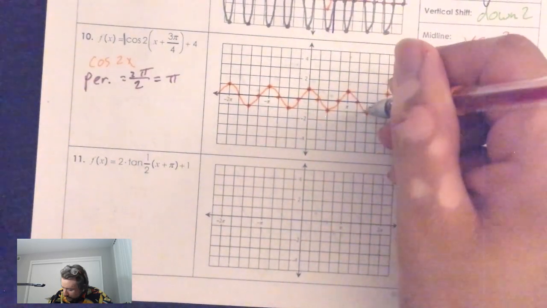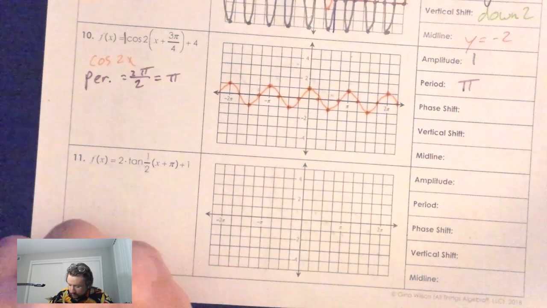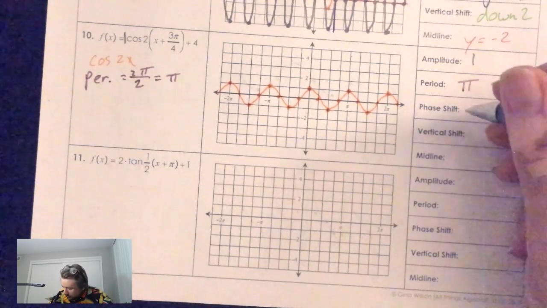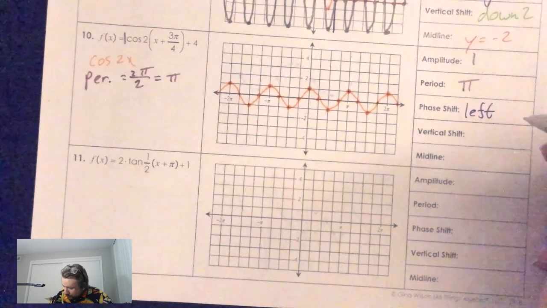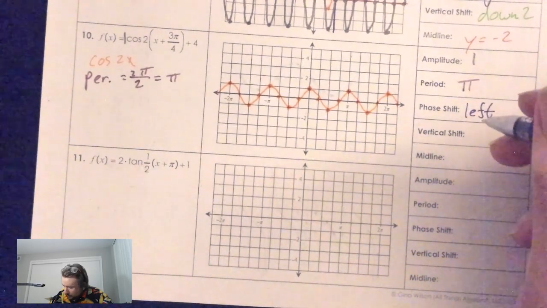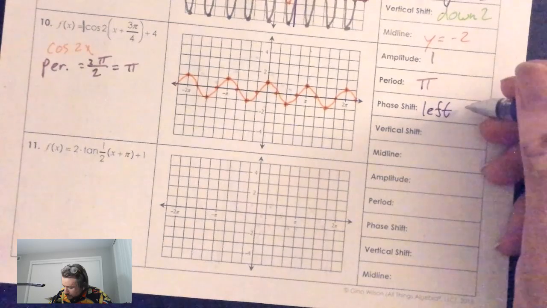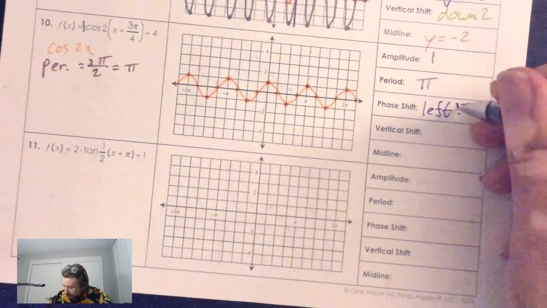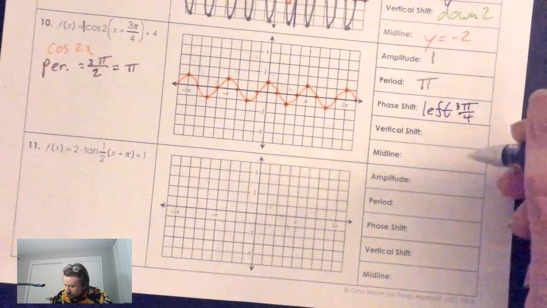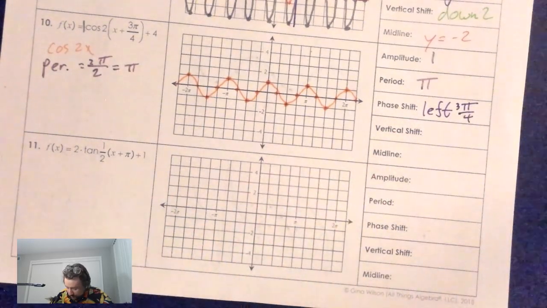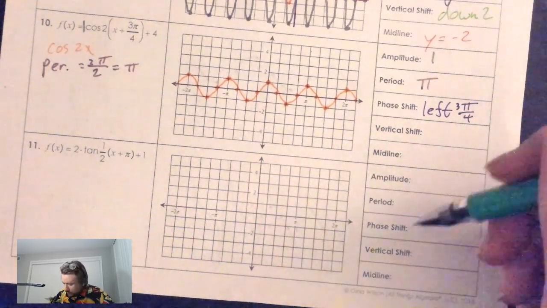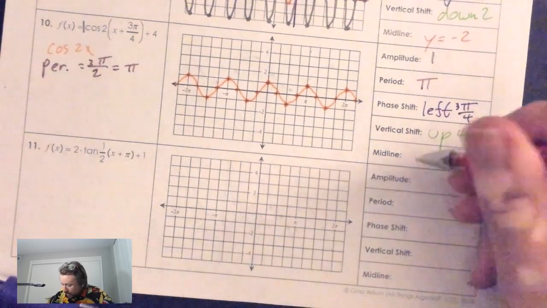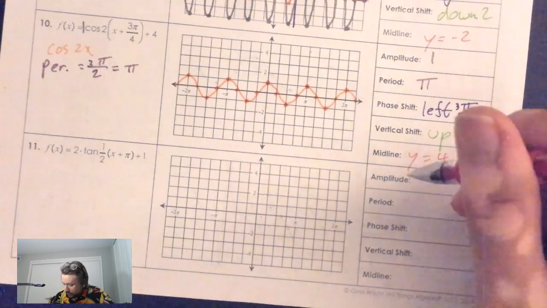Now let's look at that phase shift. The phase shift means we're going to go to the left by pi, or by 3 pi over 4. And my vertical shift means we go up 4 with a midline at y equals 4.